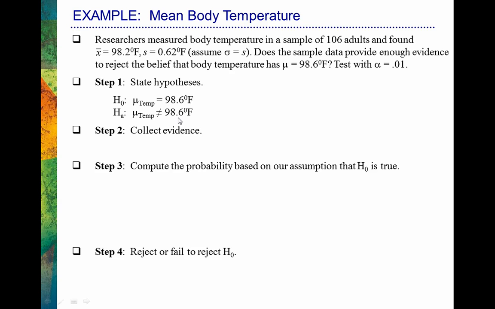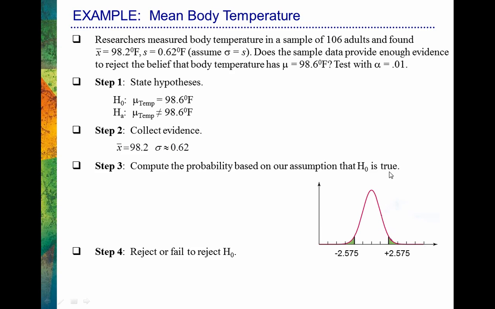That's what's typically done. Well, now let's collect the evidence. We already learned about that evidence based on this study of 106 adults. We know that the sample mean equals 98.2, which at least descriptively is less than 98.6. And we know what we can estimate in terms of the standard deviation, 0.62. So we have all the information that we need to now transform this sample mean into a z-score because we want to consult this distribution of all possible sample means.